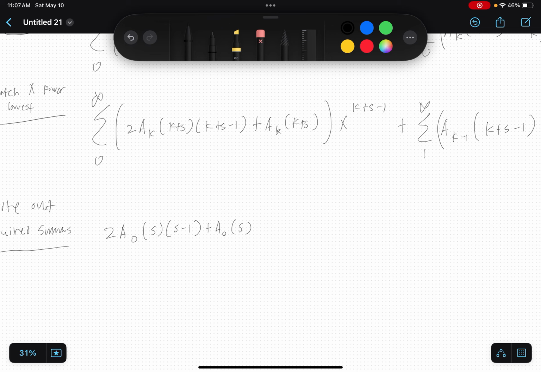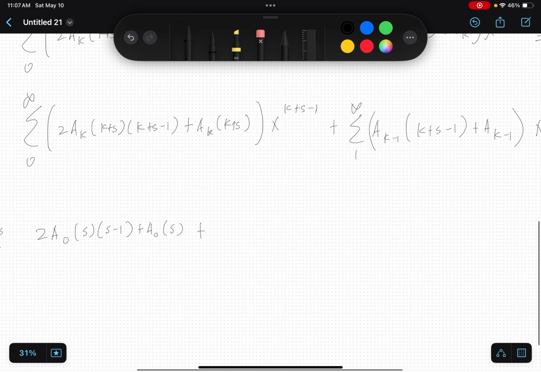Is that right? That is right. Okay. And then, so that's term 1. And then we could write the rest of it as just 1 to infinity, and it'll be literally the exact same thing.